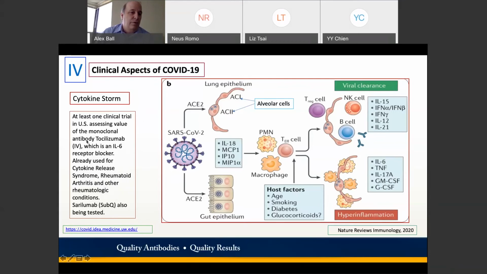There's more than one, and people are looking at a monoclonal antibody called tocilizumab, which has been validated for cytokine release syndrome and rheumatoid arthritis and other rheumatologic conditions. What it does is act as an IL-6 receptor blocker. So it blocks the action of IL-6 and tamps down this cytokine storm. And there have been some positive results with this antibody.